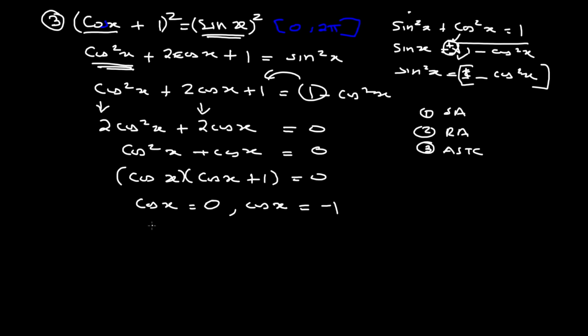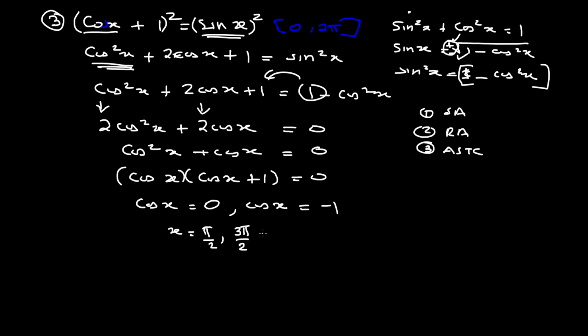So for cos x is equal to 0. Okay. If you check the special angles, it will give us x is equal to 90. At 90, cos x is equal to 0. So we're going to have 90, which is pi over 2. Okay. Then if we have pi over 2, what other angle can we have? Since this is 0, we can have 3 pi over 2, which is 270.